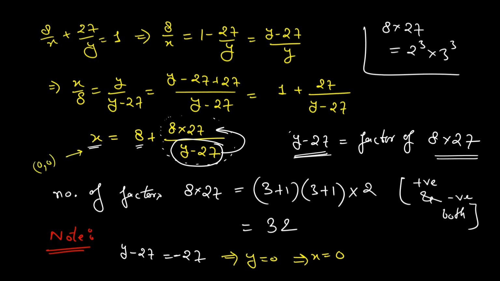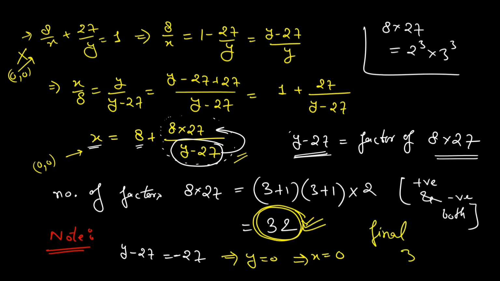But this does not satisfy the initial equation, means (0, 0) is not a solution. But when we were calculating this value 32, we counted (0, 0) also as a solution. Why? Because at that time we were finding the solutions of this equation, not the initial one, and that's why we have to exclude this (0, 0). So finally we have 31 integral solutions.